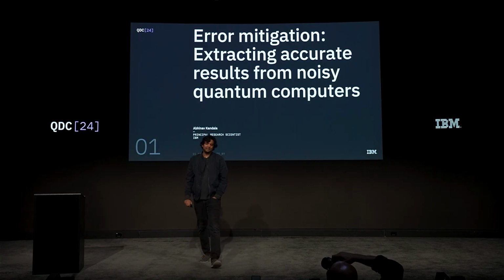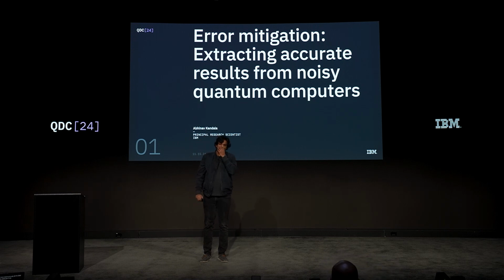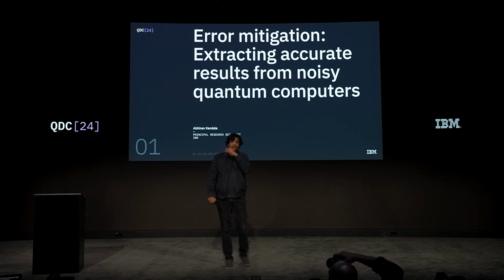Okay, so over the last couple of days, we've been talking about how you can run utility-scale workloads. You heard from our partners about the tools they're building in our Qiskit functions catalog, and how you can use the transpiler to optimize circuits on our hardware. And finally, today, we're going to talk about the last piece, right?